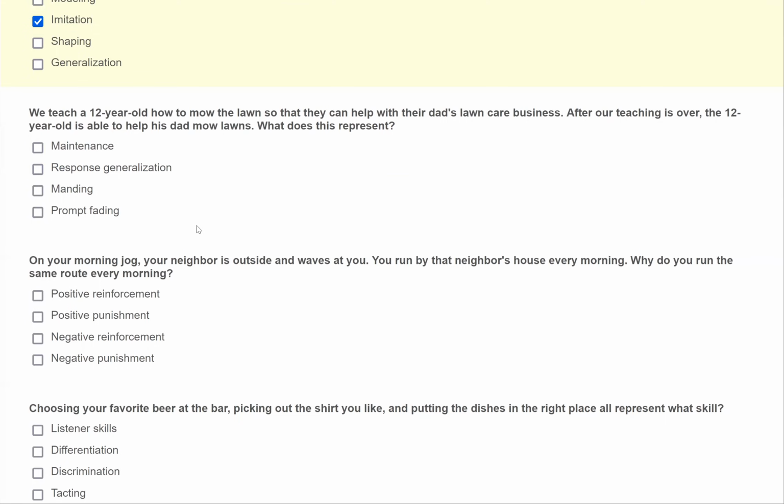And then it's not prompt fading. There's no indication prompts are being faded. It's maintenance. And the key again is after our teaching is over. So when you're reading your questions and you read something like after instruction stops, the behavior continues, or after teaching is over, the behavior continues, think maintenance, right? That is the definition of maintenance. In this case, the 12-year-old is maintaining his ability to mow lawns.